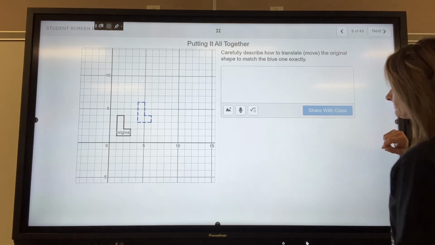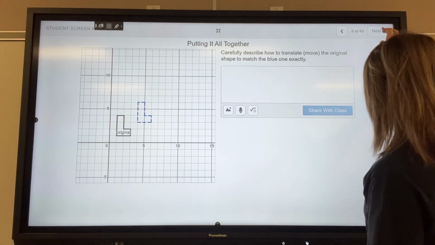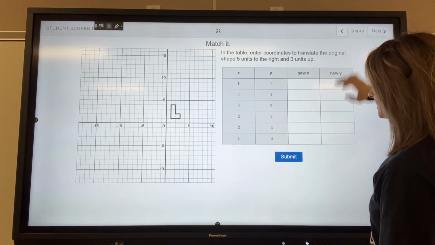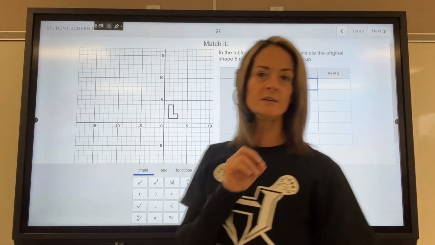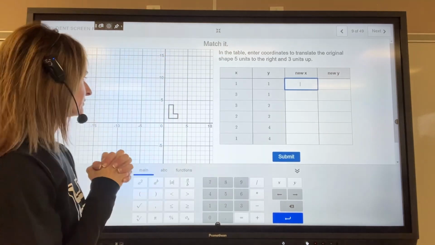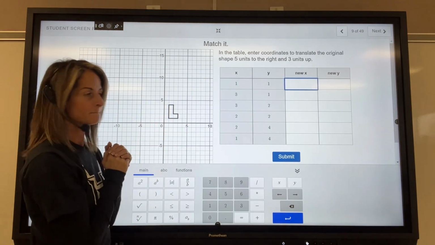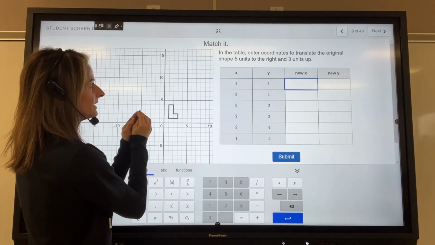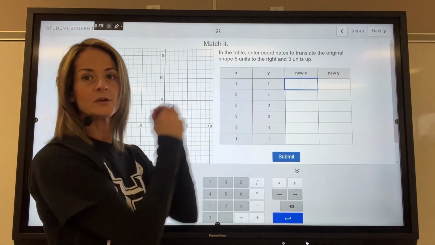Now, carefully describe how you would translate the original figure. Okay, so now we are gonna move each individual ordered pair, the coordinates. So if I pick a point, for instance, this first one right here is at 1, 1. If I want to move that point, and it looks like we're going to the right 5 and up 3.